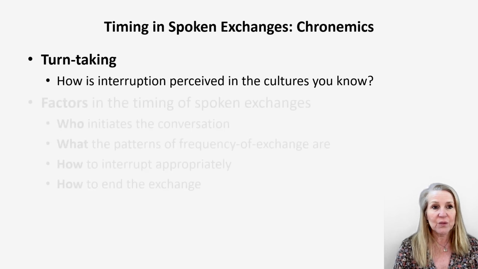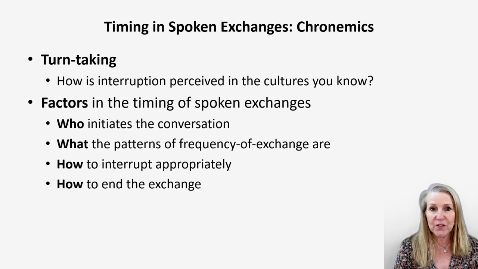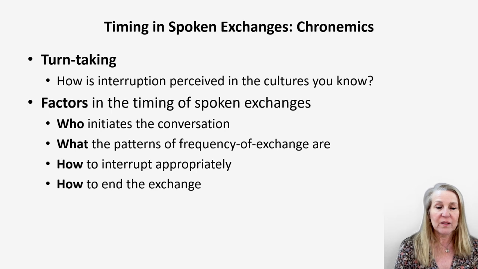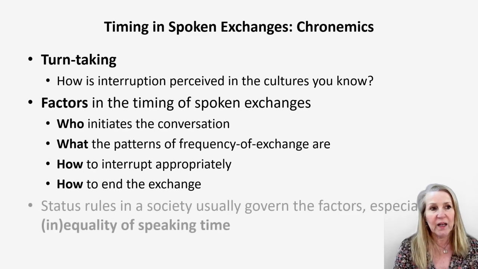You also want to consider who initiates conversation, what are the patterns of frequency of exchange, if interruption is allowed, how do you do this appropriately, when to take a turn, how to end an exchange, how much speaking time is allowed, is it dependent on status or age or influence, who gets to dominate the conversation, all these rules and how they apply.